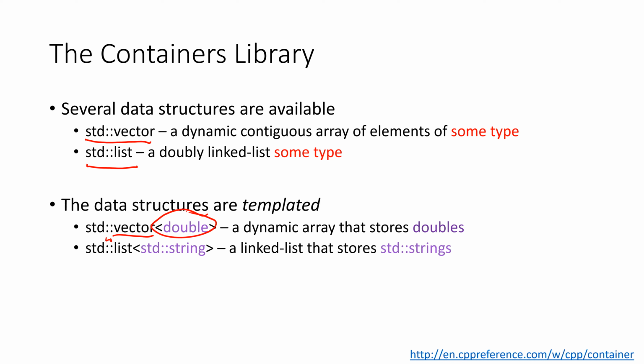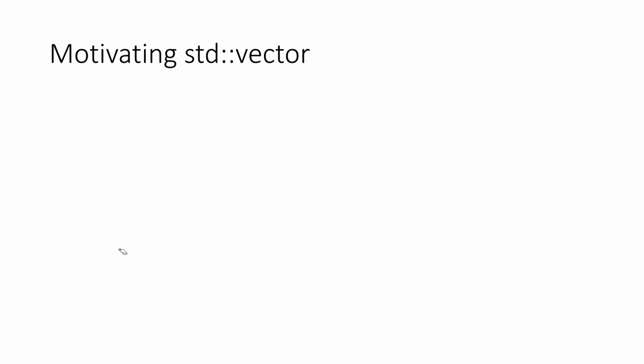Here I said I want a dynamic array, or a vector, of doubles. Here I said I want a linked list, and I want a linked list of strings. So it's the templating that makes this really powerful. Next week we're going to talk about some of the other container classes. Basically all the fundamental data types you'd want are already written in the STL. Today we're going to talk about one of them, vector.